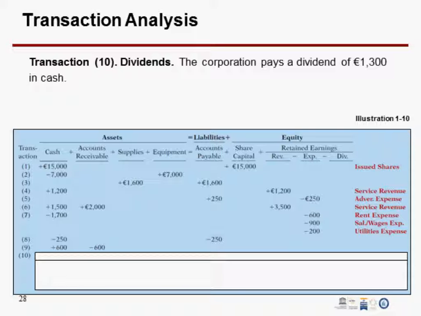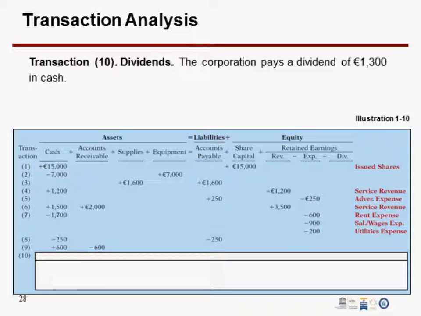And revenue 4,700, and expenses 1,950, which is supposed to be a minus from revenue, and there is a dividend minus of 1,300. So altogether, liability plus equity, the sum of the total is 18,050 euro.